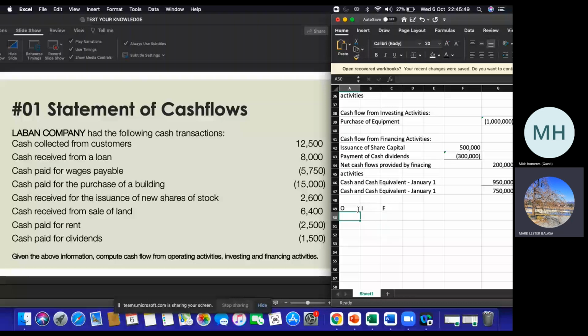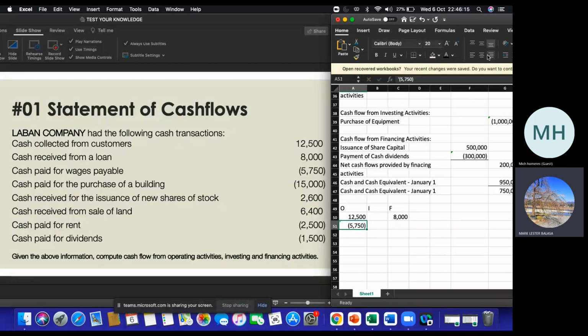Let's add 12.5. Cash received from a loan is financing, so we add it. Cash paid for wages payable, of course, class, we subtract that: 5,750.